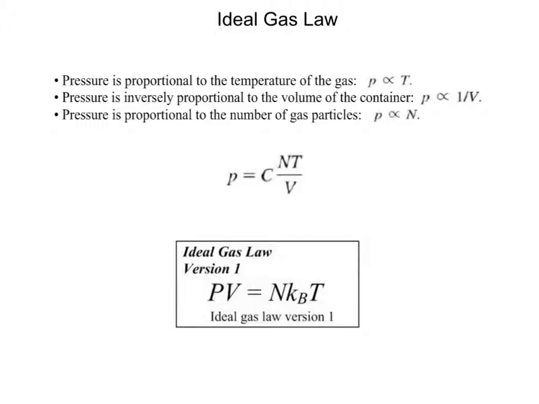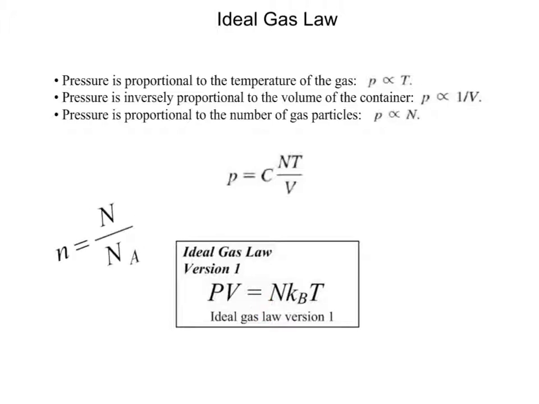This theoretical analysis leads to the same proportionalities as we see here, and ultimately produces a single equation that can express these proportionalities. That's this equation here, where this constant ends up being Boltzmann's constant. So we can write the ideal gas law as PV = NkBT, where this is Boltzmann's constant, and this N is the number of particles in the gas.